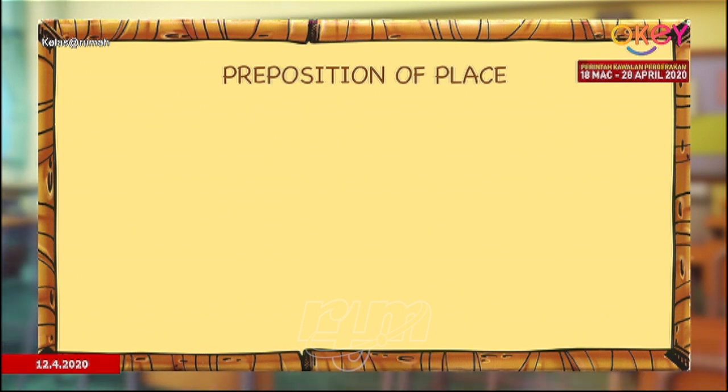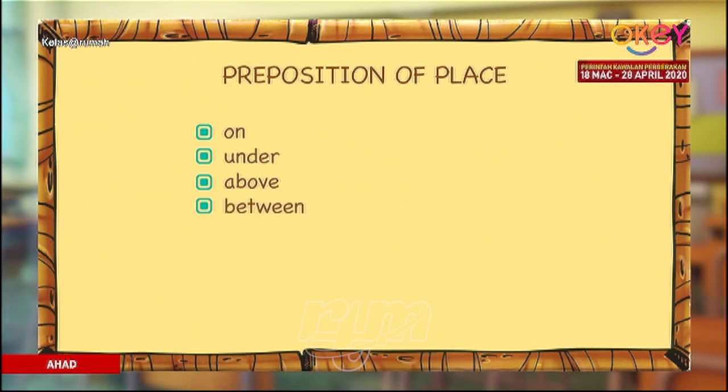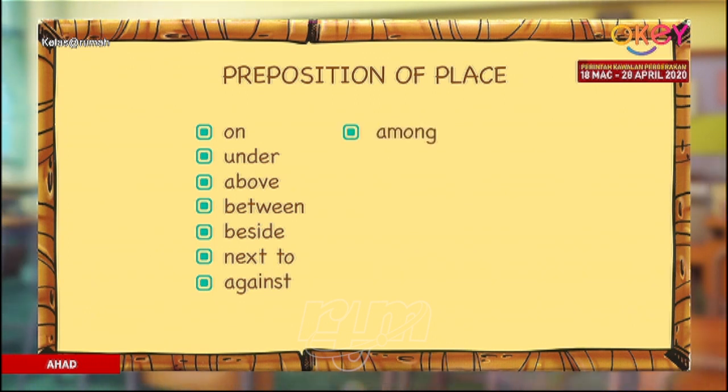Examples of prepositions of place are on, under, above, between, beside, next to, against, among, in, and near.